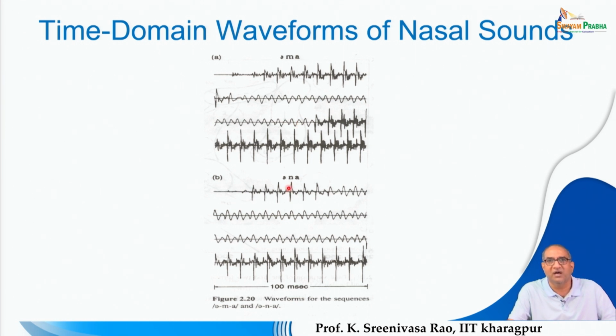Similarly in the case of Na also, you can see the same vowels are appended at the beginning and the end. If you want to capture the nasal signal, we form a word where a vowel is kept at the beginning and a vowel at the end, and if you record that, ena, and plot it, you can see the beginning of a periodic pattern corresponding to vowel A, and at the end the periodic pattern corresponding to A. In between, the signal corresponds to N, Na.